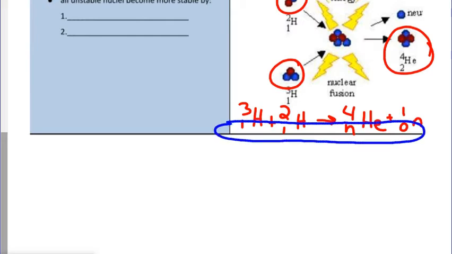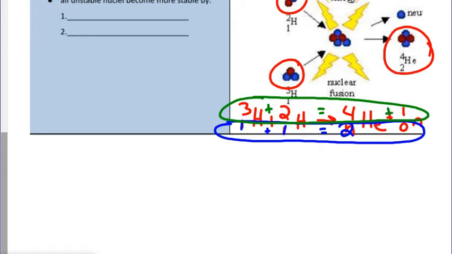We combined together 2 protons and made a helium atom, which has 2 protons in its nucleus. So 1 plus 1 equals 2 plus 0. And then in the top row, the mass numbers are also accounted for. 3 plus 2 equals 5, which equals 4 plus 1.